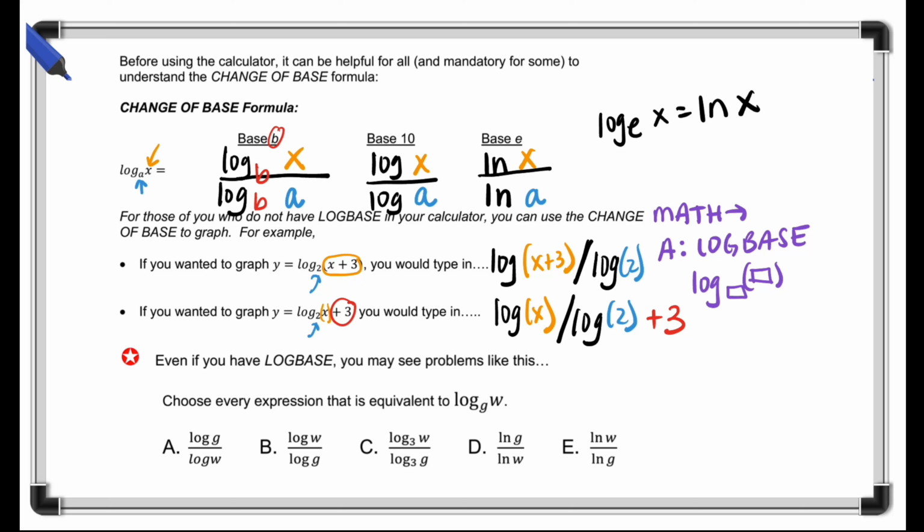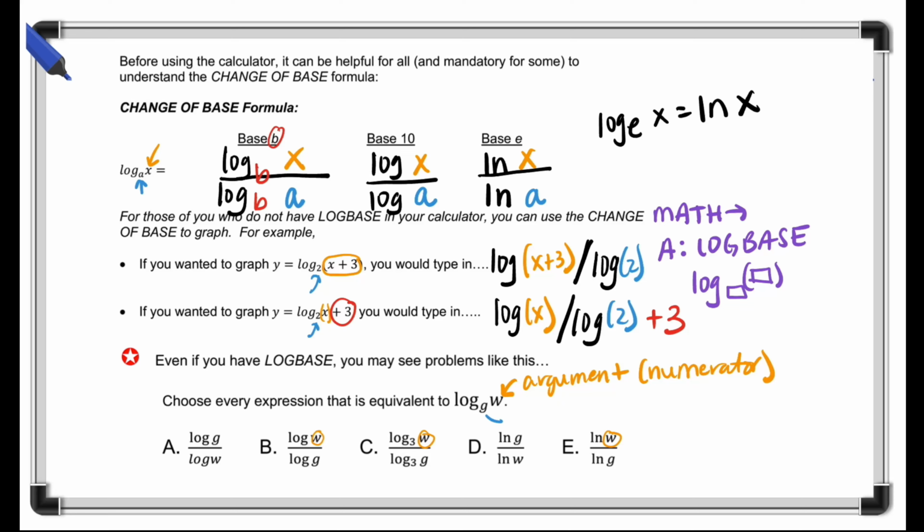Now, even if you have log base, you might see problems that do not have any numbers and are just variables everywhere. So now we're going to give you an example so you can check how you would choose the expression that is equivalent to log base g of w. Keep in mind, what's your argument? That's w. So we know that the argument is going to be in the numerator. So we're going to look and see which ones have w in the numerator. Here, here, and here.